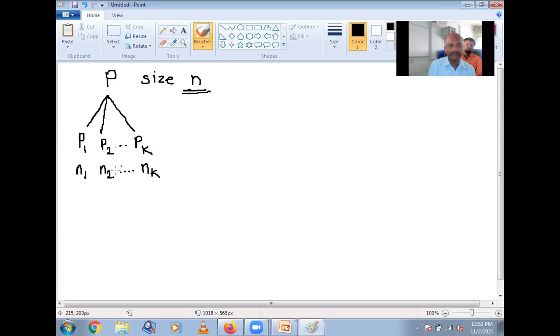T of n is the time complexity for solving the problem P, where n is the size of the problem and T means the time complexity. It has two answers. The first answer is G of n if n is small.